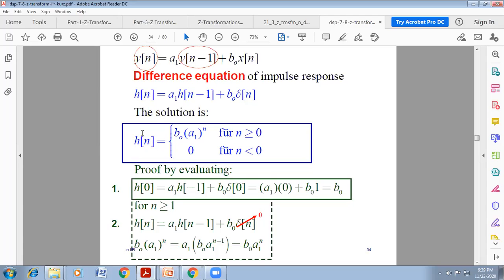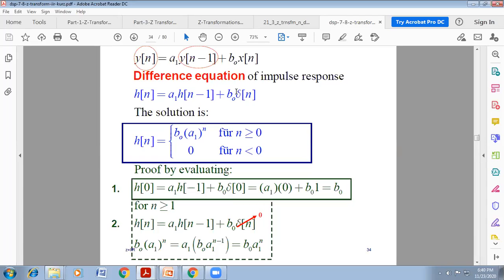The solution is Sn will be b naught a1 to the power n for n greater than or equal to 0, and 0 if n less than 0. There is a proof for this. Since this is a sequence, we can use this equation. This is the difference equation of the impulse response. Okay, this is a1 to the power n minus 1 b naught delta n.